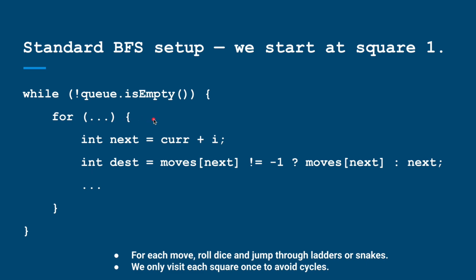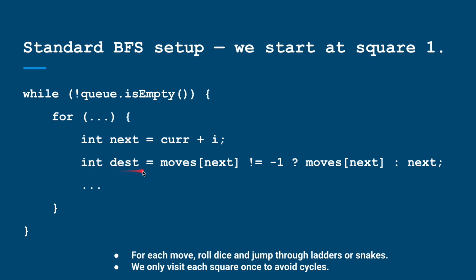For each square, we take its neighbor node. From the current we get the next, current plus i, because all the moves will be there, and each time we get the next.